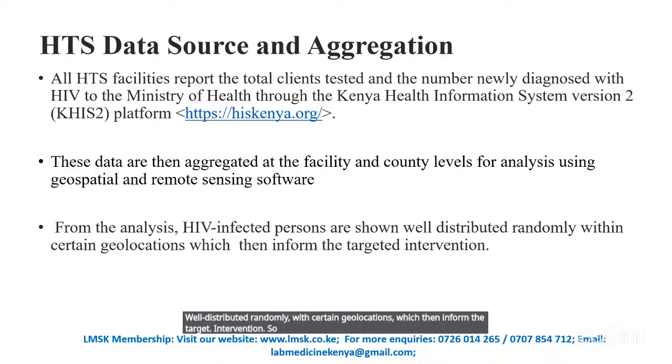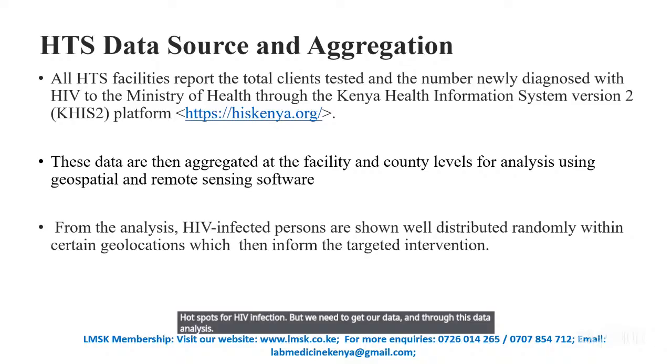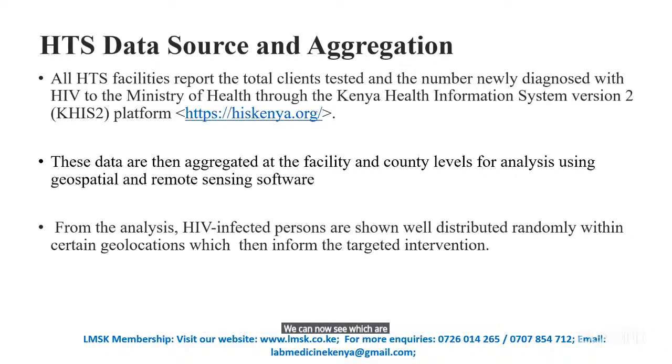So far, apart from the data we have, we cannot just randomly say area B has high infections or area B is a hotspot for HIV infection. But we need to get data. And through this data analysis, we can now see which are the geolocations, the areas which really need that intervention. And the programs can come up to help the intervention in HIV prevention.